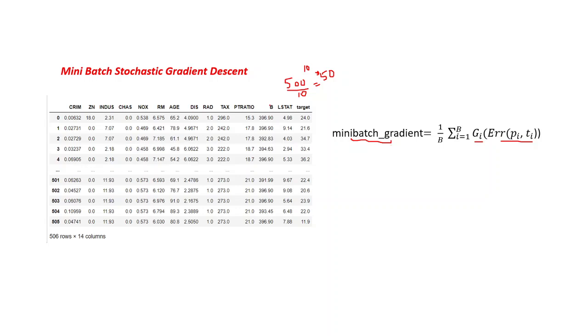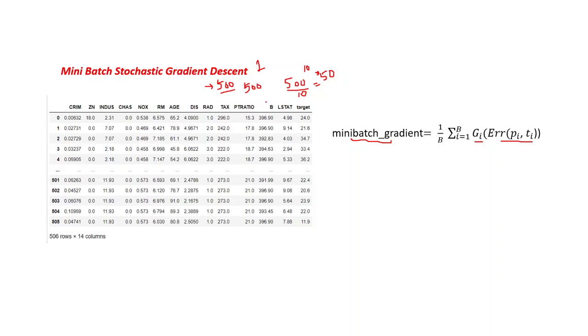So just to show you the difference, we started off with say 500 data examples. In case of batch gradient descent, after the model goes through 500 examples, it will update the parameters once. In case of stochastic gradient descent, after the model has finished going through 500 examples, the parameters will be updated 500 times.